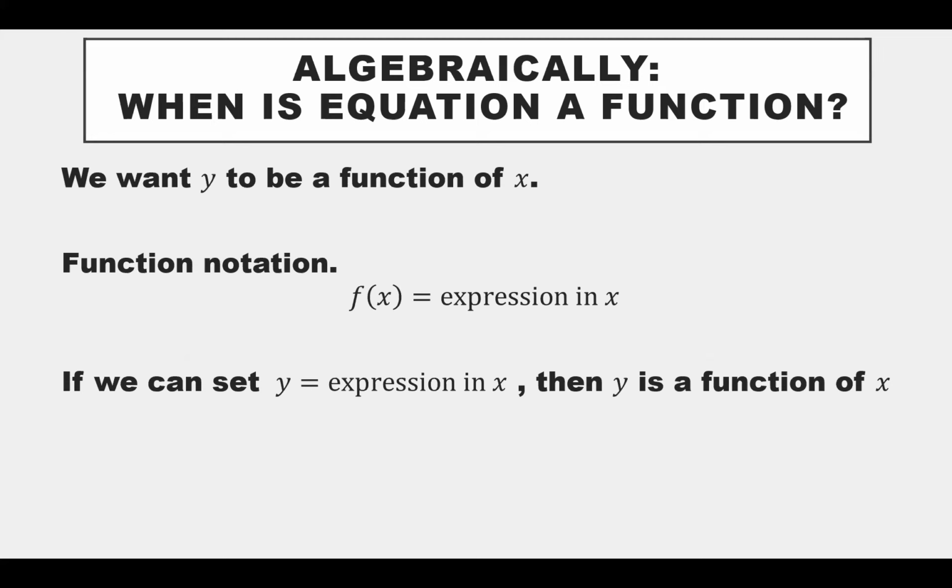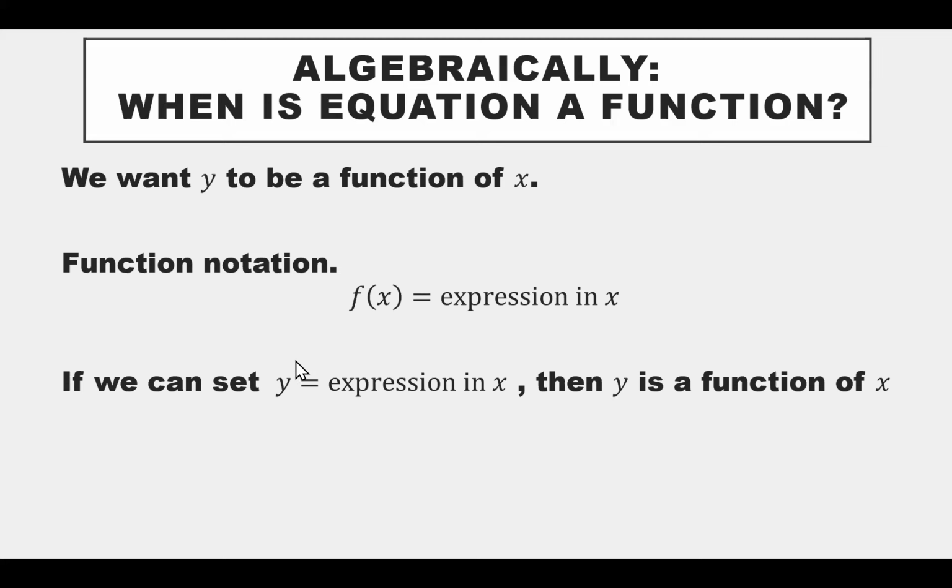Well, the first way I can do it, if I want y to be a function of x, and I know my function notation is f of x is equal to an expression in the variable x. If I can rewrite my equation to look like y is equal to the expression in x, then I know y can be thought of as a function of x.